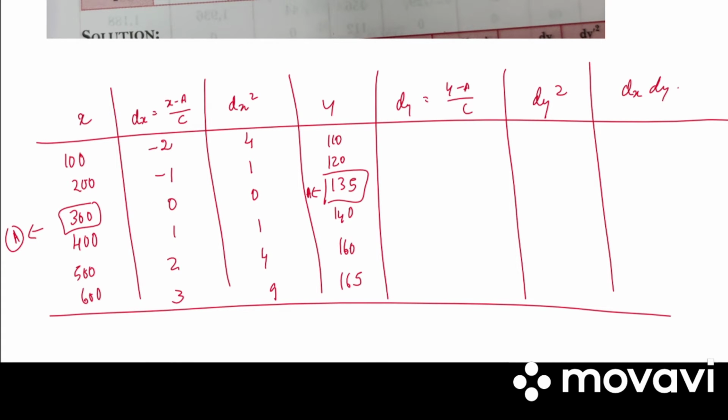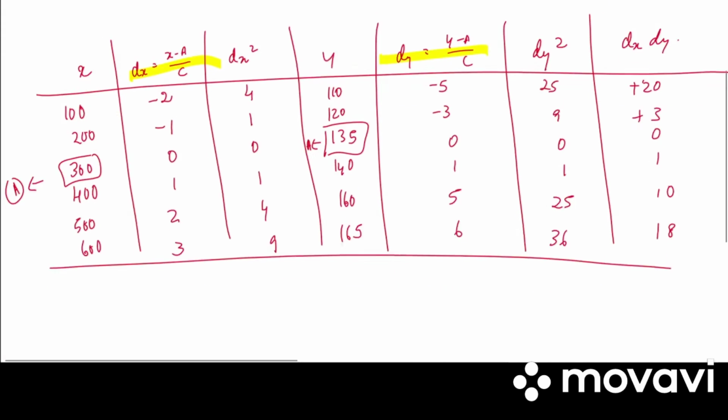So 110 minus 135 divided by 5 is minus 5. 120 minus 135 divided by 5 is minus 3. 0, 1, 5, 6. Next we have dy square: 25, 9, 0, 1, 25, 36. Next it is dx into dy: plus 10, plus 3, 0, 1, 10, 18.